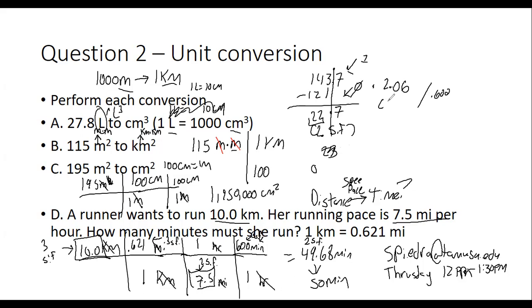I'm multiplying it by something with 3 Sig Figs. Well, I'm doing multiplication and division now. So the rule says my answer needs to have 2 Sig Figs. So for our first multiplication, this only has 2 Sig Figs. Then I'm going to divide it by something that's 0.600. 0.600 has 3 Sig Figs.